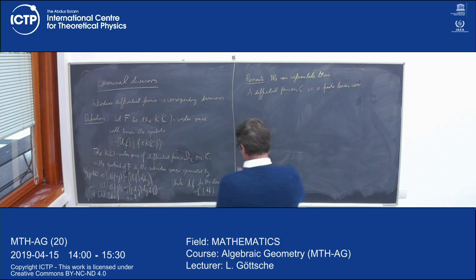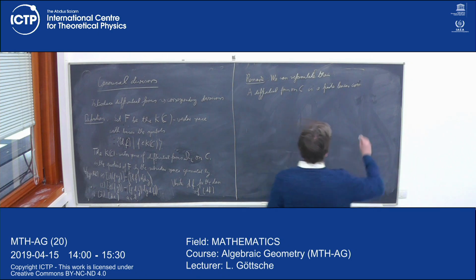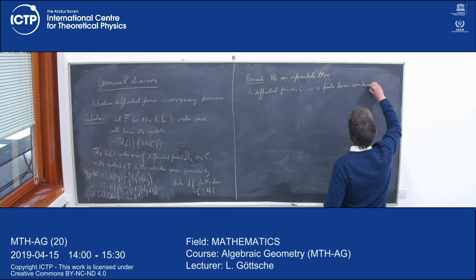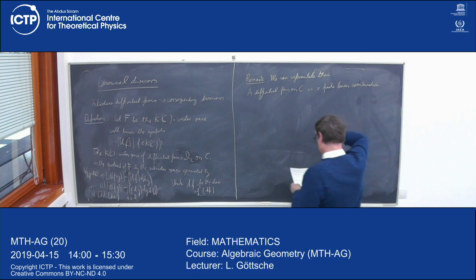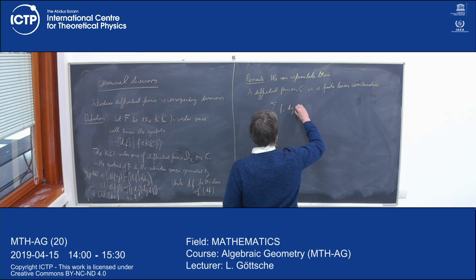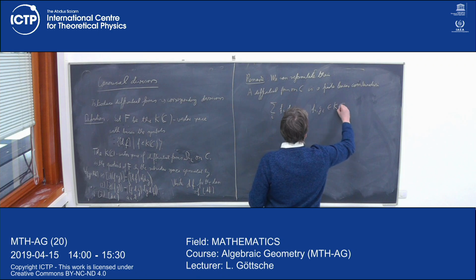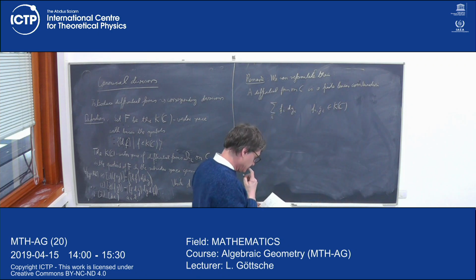Now I just want to translate this into something which looks slightly more reasonable. Namely, we see it's a finite linear combination, the sum over i of f_i dg_i, where f_i and g_i are rational functions.